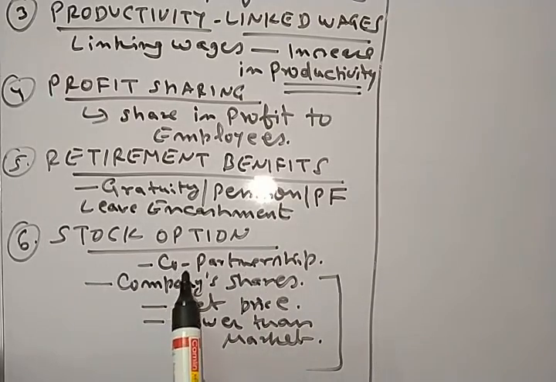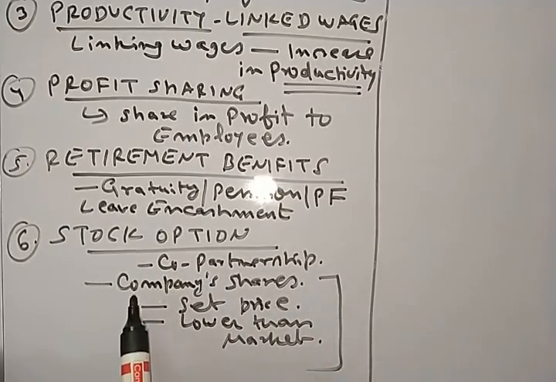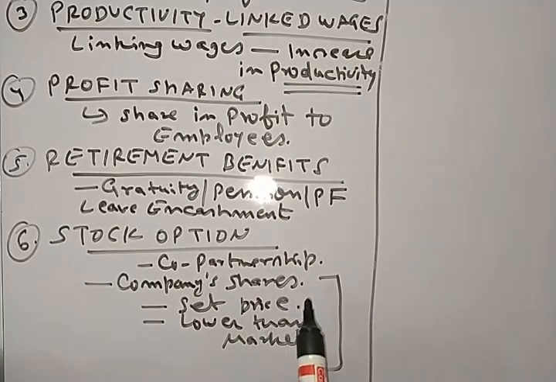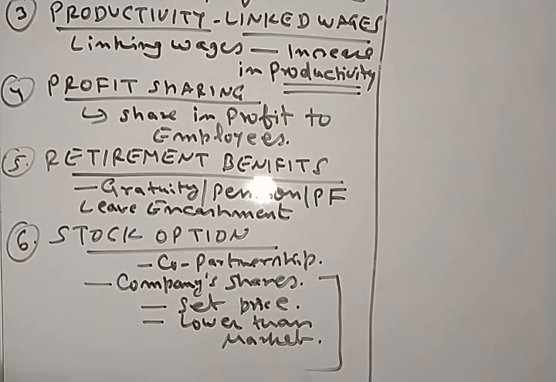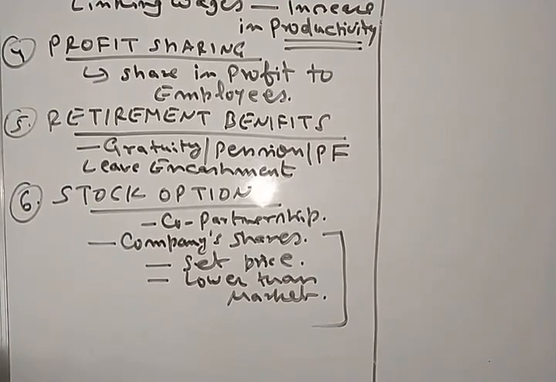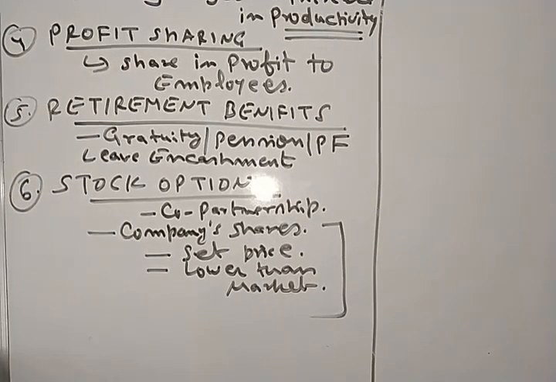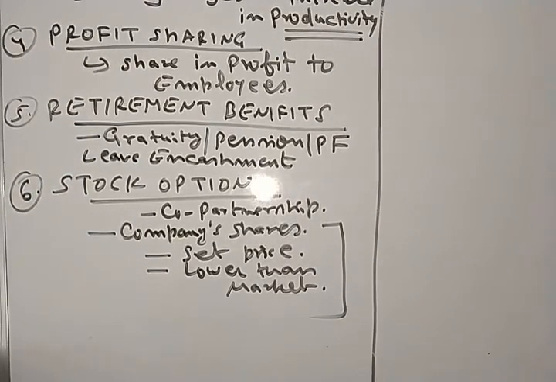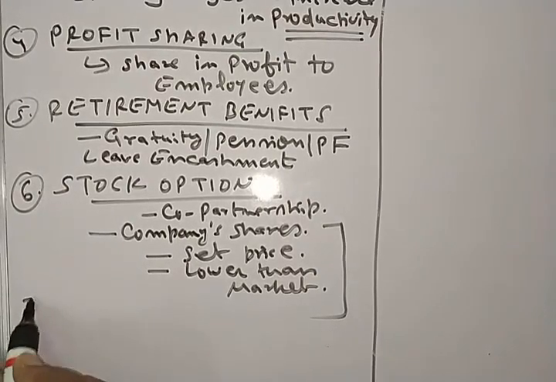This is based on the spirit of co-partnership. So a price is set, as in the example, rupees 200 is the set price. It is lower than the market, where the rate is 400, but here the rate is 200. So stock option is called a modern concept of financial incentives.